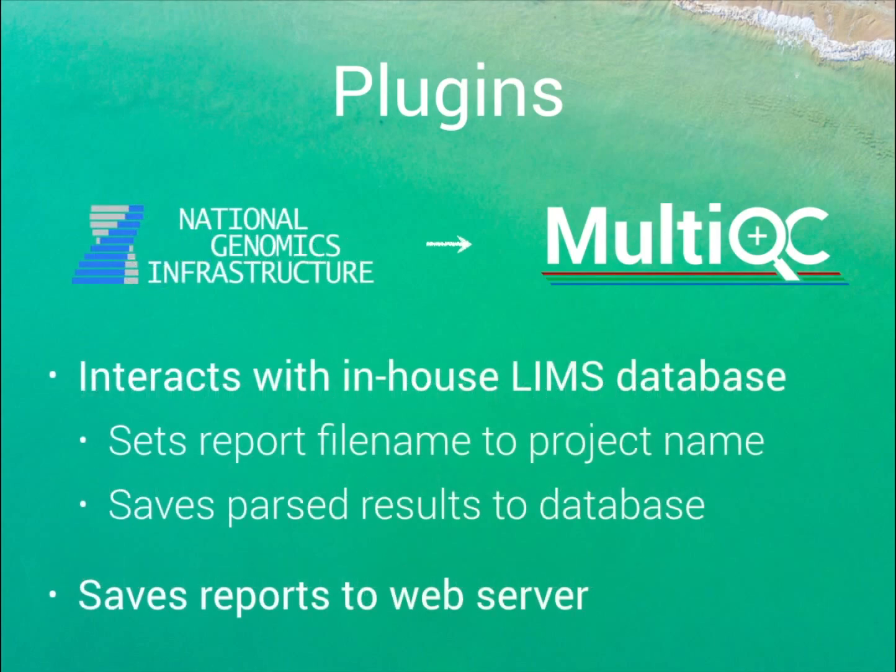And we have a plugin that we've written specifically for our sequencing facility, which works with our in-house LIMS database and our in-house results, both to pull information and change, for instance, the report file name, so that the file name is always named after the project, but also saving results from MultiQC back into our database and onto our web server so that we can interrogate the data from MultiQC over time and across multiple projects.